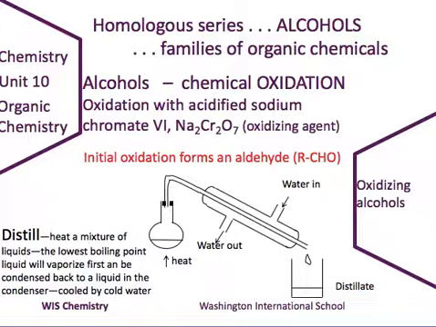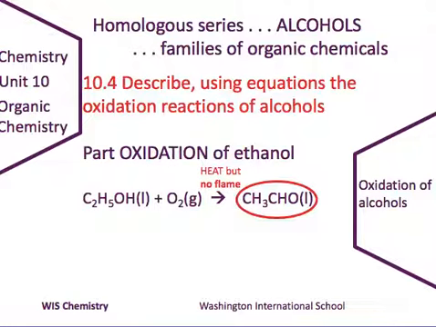The oxidizing agent and the alcohol are in the flask on the left. The reaction takes place and the volatile material will go through the delivery tube and condense in the water jacket. So there we're forming a liquid.